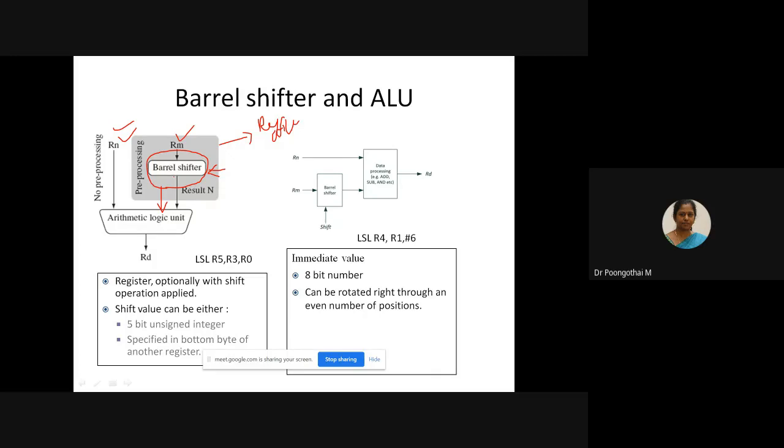This shifter hardware module is a combinational circuit which can shift the data bits to the left or to the right by an arbitrary number of positions, which can be mentioned in the instruction, in the same cycle itself. That arbitrary number is 8 bits, so we can give the number of shifts or rotations from 00 to FF.